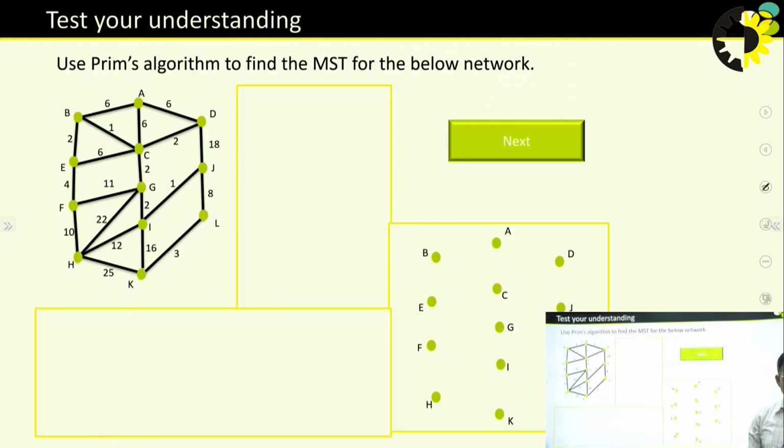Next, this is the graph and here we will find the network.